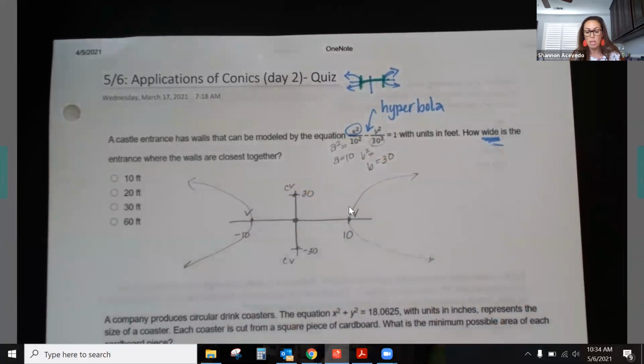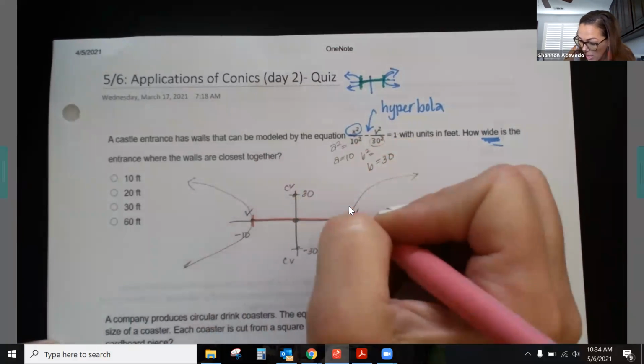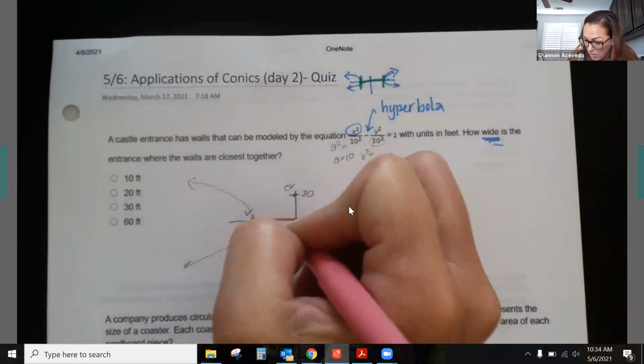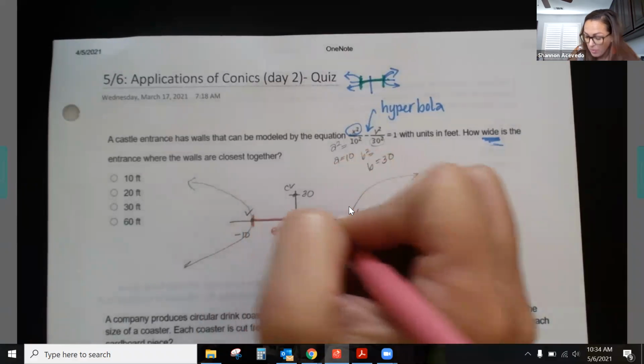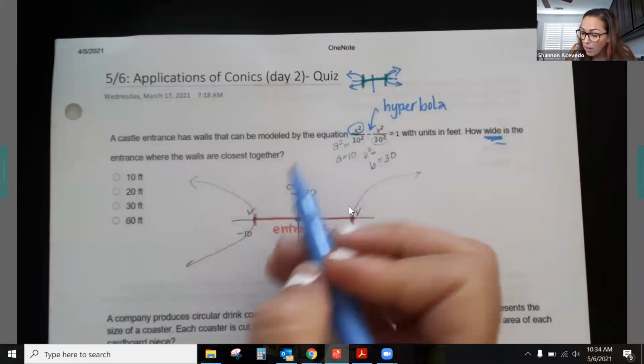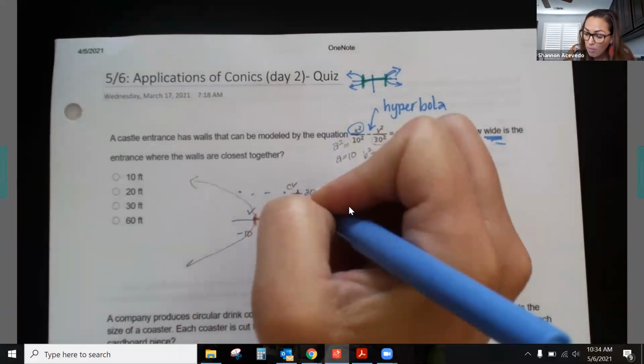Okay, so this is going to represent the distance of our entrance, the distance between the walls. So this is going to represent our entrance. This 30 up here, though, this would represent the height of the wall.